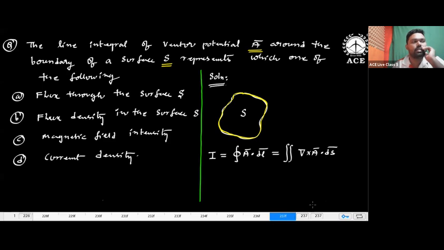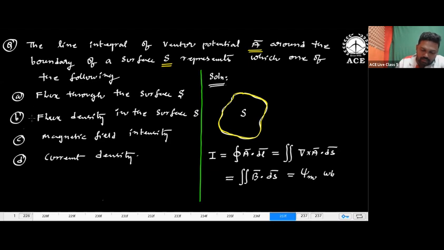What is this del cross A? It is nothing but a flux density. Yes. So here it is surface integral of B dot dA or dS. This is nothing but a magnetic flux psi m. Units are Webers. So what is it indicating? It is indicating the flux through the surfaces. It is a magnetic flux through the surfaces.